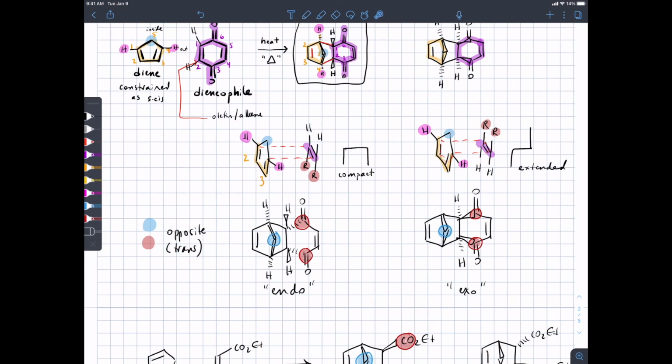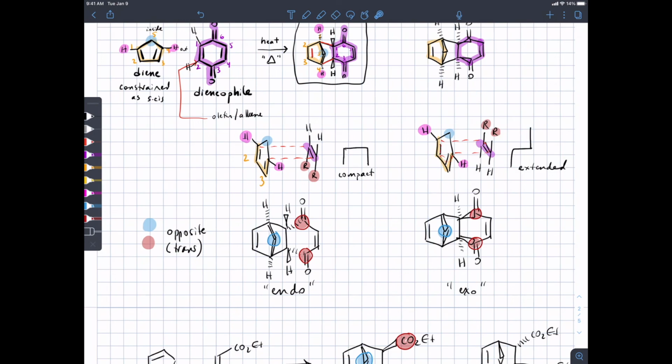And so the argument is that the endo transition state is lower in energy because it requires less rearrangement of solvent molecules nearby. In this extended conformation, you'd have to rearrange the solvent molecules more because the extended conformation isn't as compact.